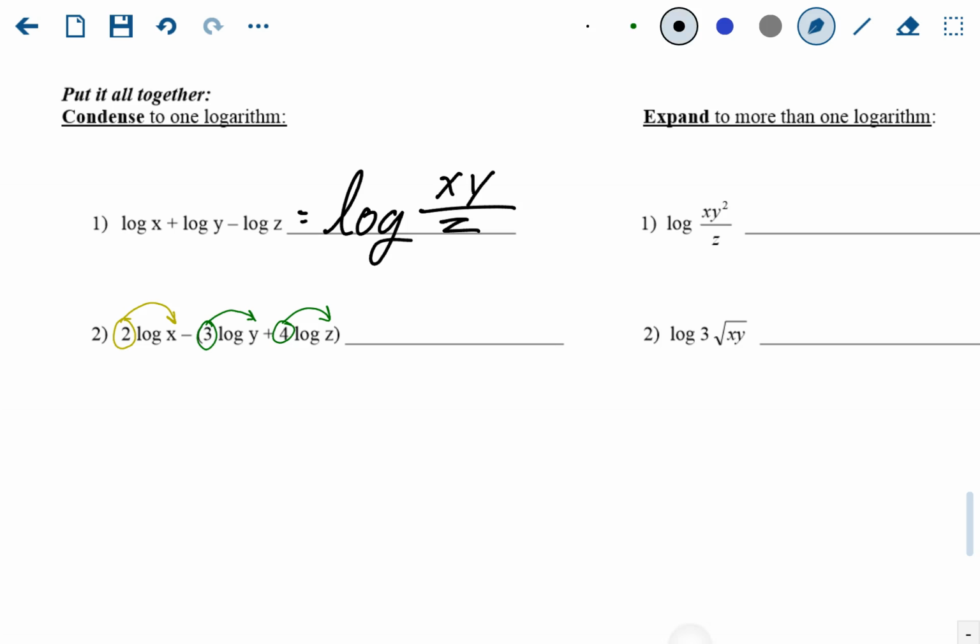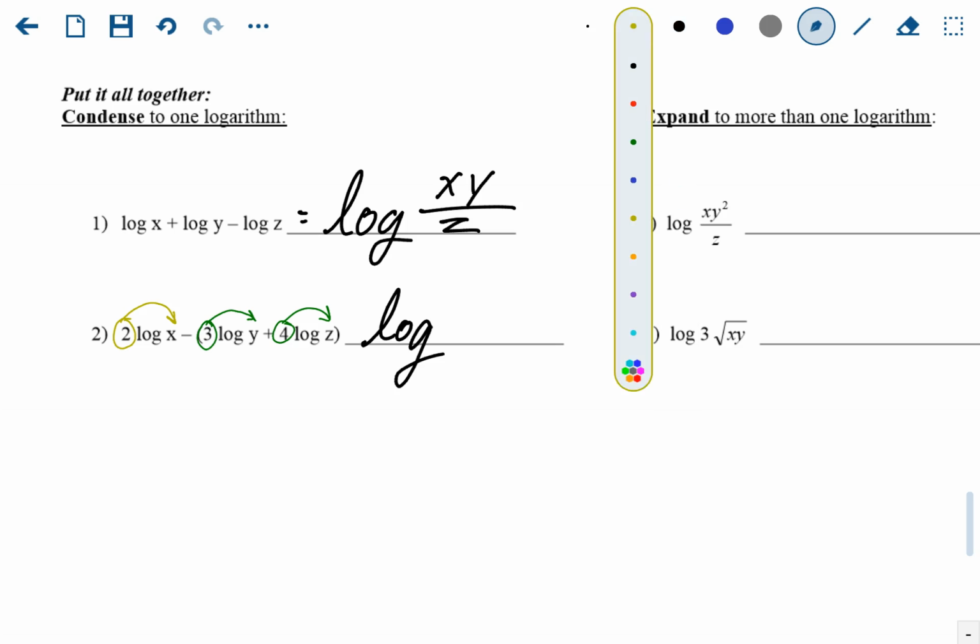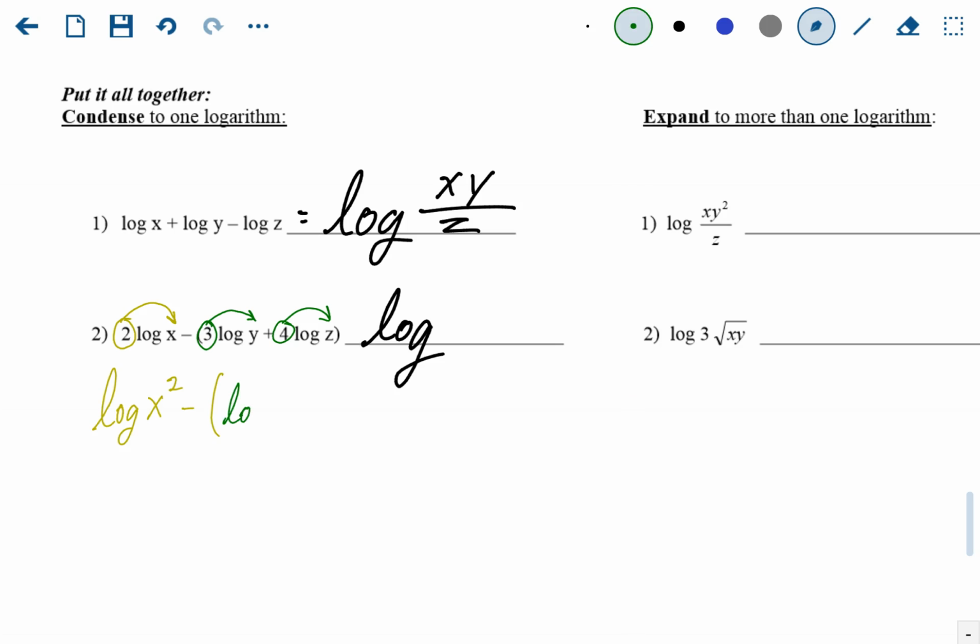And remember, the goal is to write it as one log. So really, this is log of x squared minus the grouping of log y to the third plus log z to the fourth.